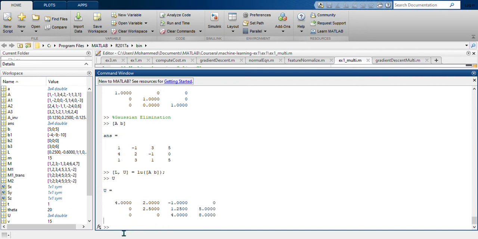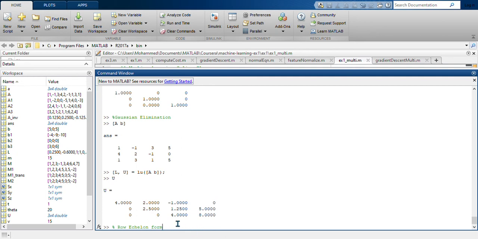So that is nothing but what we have here, the row echelon form of the matrix. Okay, so we started with the augmented matrix, and now we have the row echelon form.